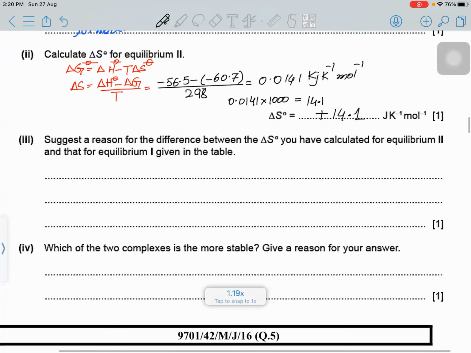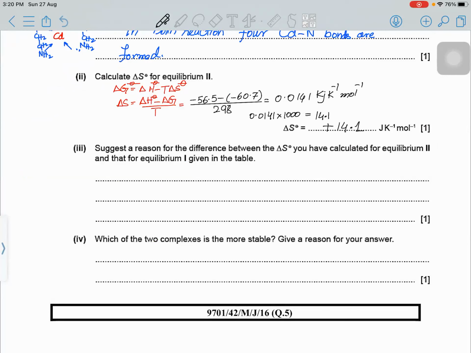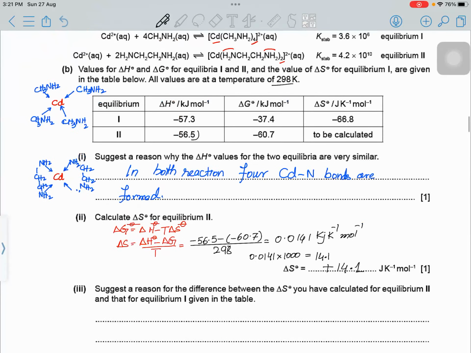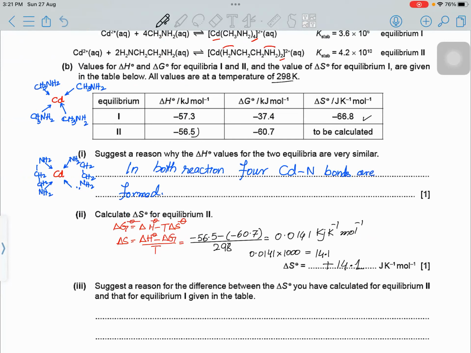Next question. Suggest a reason for the difference between the delta S you have calculated, 14.1 for equilibrium 2, and that of equilibrium 1 given in the table, minus 66.8, and here you have positive. Can you tell me why it is different and what is the meaning of the different value?